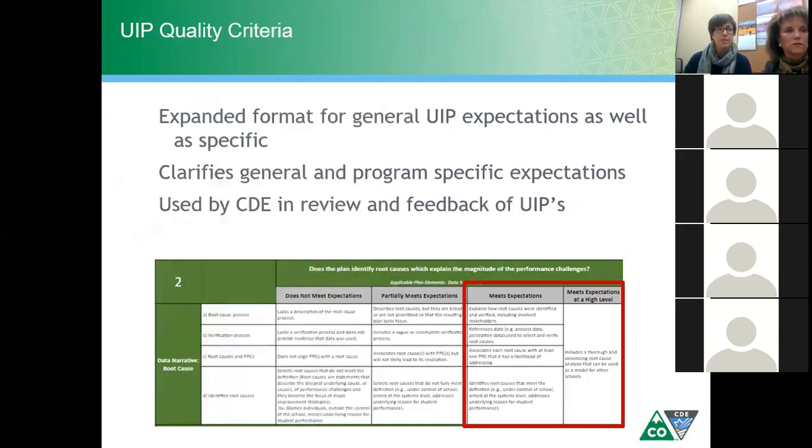So I just want to be really clear about what the quality criteria is. It is basically an articulation of what the expectations are for a UIP. Okay, so when we're looking at plans, when we're reviewing plans, when the gifted education program is reviewing plans, we want to be really clear about what the expectation is.